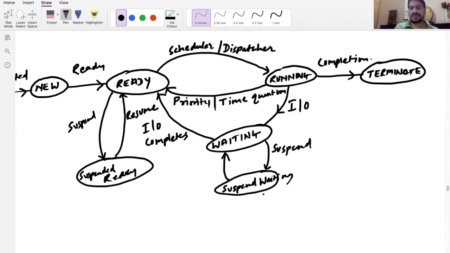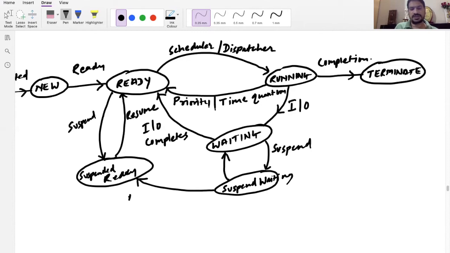If some process is in the suspended waiting state, and at that particular time that process has finished its IO, then also it can join this particular state, which is called suspended ready.